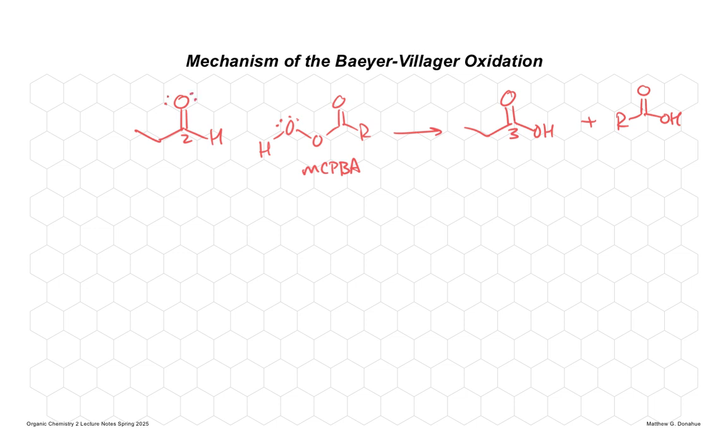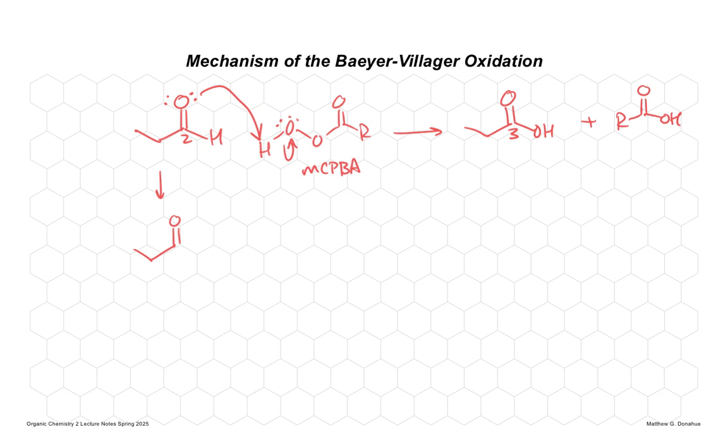So the first thing I want to do is protonate that carbonyl oxygen. So this is where I'm debating. So we have MCPBA, which is a peroxy acid. I'm going to protonate first. So we've seen that before with these acidic conditions, like forming acetals or imines.